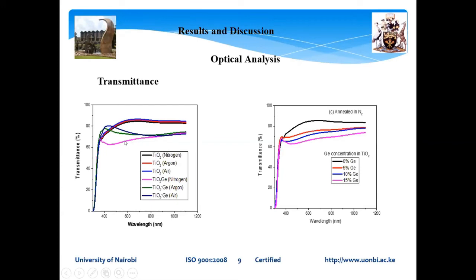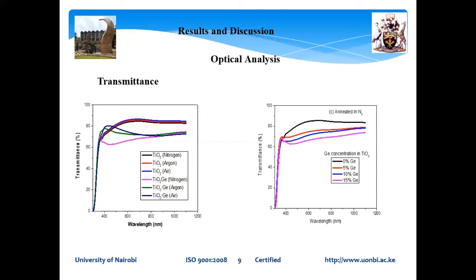For example, TiO2 germanium annealed in nitrogen, the pink one, as well as the black one for pure TiO2 annealed in nitrogen, as this key directs us. We notice that the films annealed in nitrogen recorded a lower transmittance.